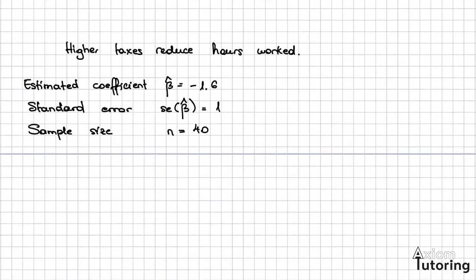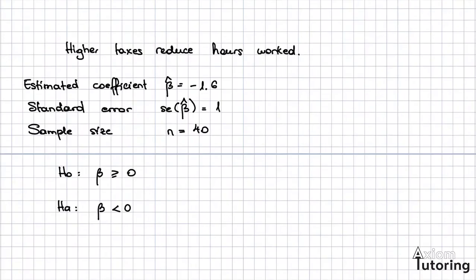Starting from the usual steps that we have now been practicing throughout all of the previous example videos, we're going to state the null hypothesis, where we can write this as beta being greater or equal to 0. And the alternative hypothesis, where we're going to write beta is smaller than 0. Okay, one-tailed negative.